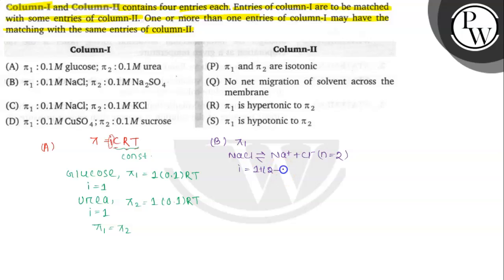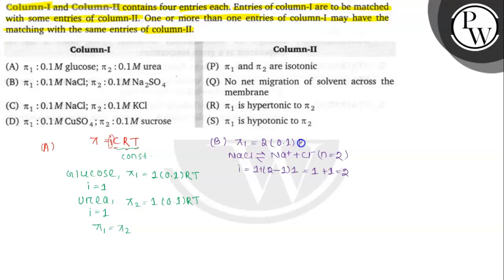Here n is 2, and as alpha is not given, we will take it as 1. Now it will become 1 plus 1, that is 2. So the i value is 2. That means the osmotic pressure is 2 into 0.1 into RT for NaCl.